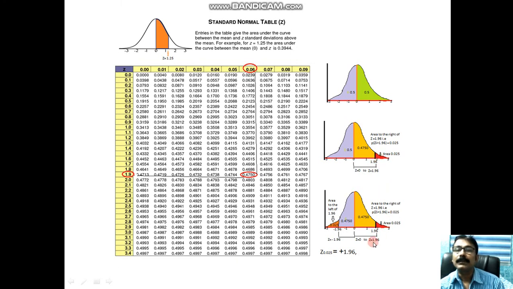Similarly, since this is symmetrical, for minus 1.96 the area will be the same, 0.4750. So if we add minus 1.96 and plus 1.96, we get the total area between the z values minus 1.96 and plus 1.96.